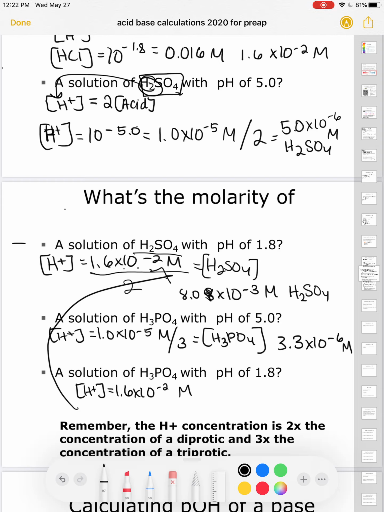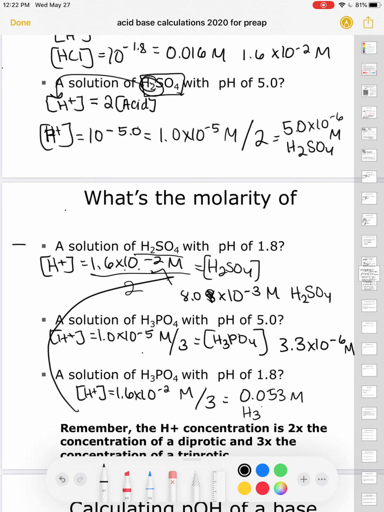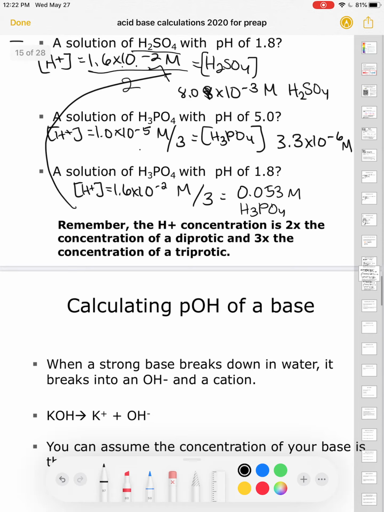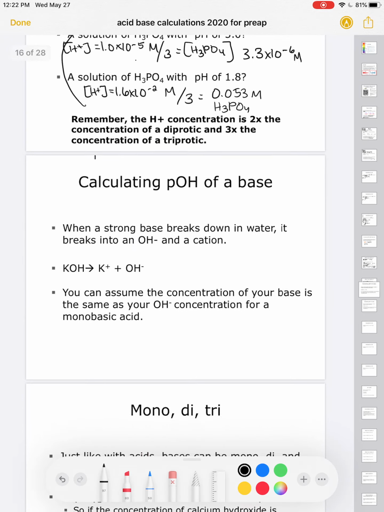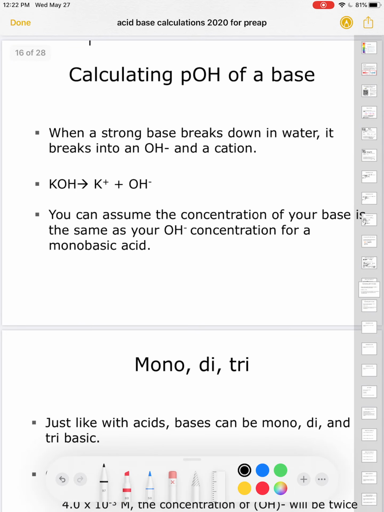And because this is phosphoric acid, we need to divide this by 3 to get the concentration of the acid itself. So it would be 0.053 molar H3PO4.